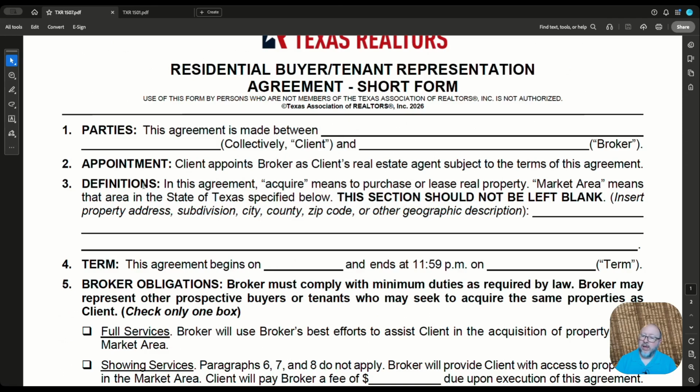Now we have to define what the market area is, the area in the state of Texas specified below. You cannot leave it blank. Also, what I would say is, do not say the entire state of Texas. Remember, license holders have a legal duty to operate within their geographic competency.